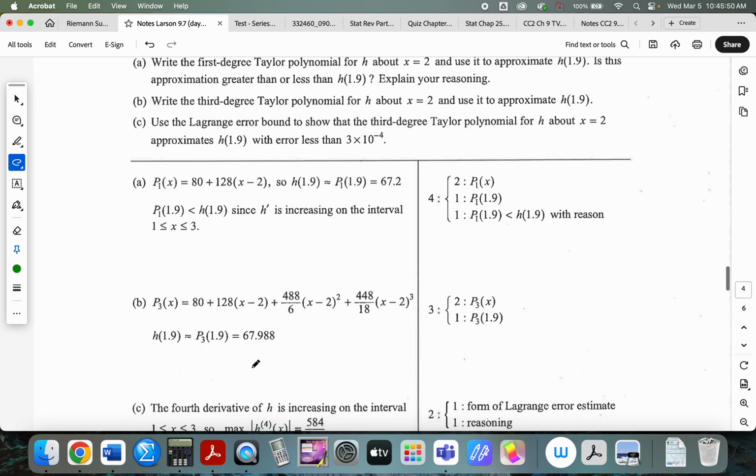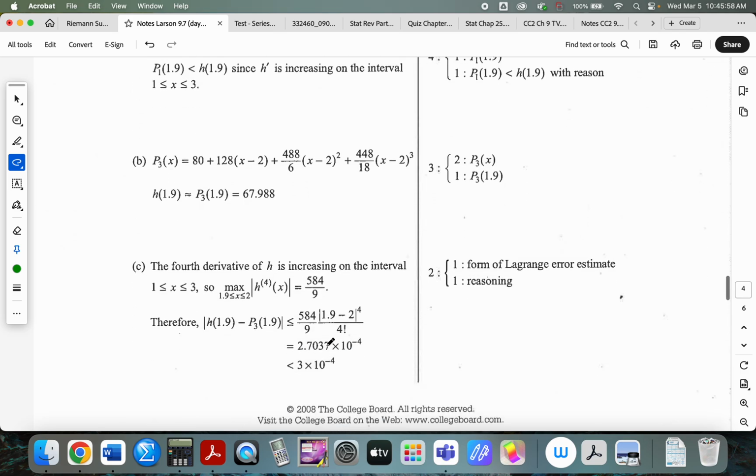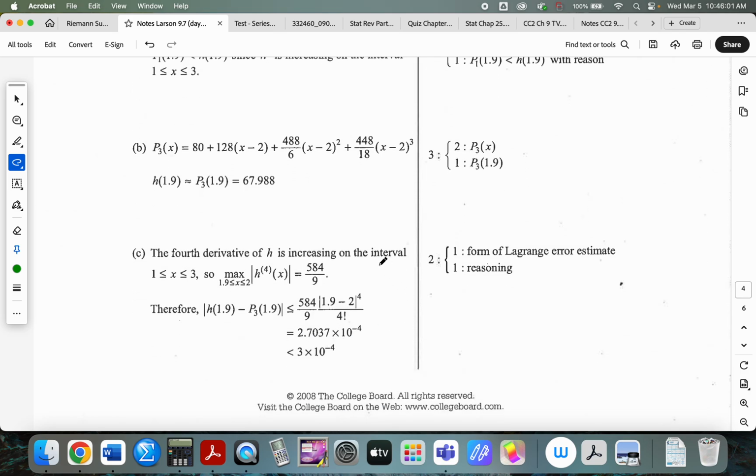Then they give the approximation here. It's exactly what we had, except they went ahead and put in the 1.9 and calculated it. This is the part where I strongly disagreed with some people, and in the end, the rubric was the rubric, so you didn't get a point, and I purposely didn't write it out. It says that as part of your reasoning, you had to explain why this was the maximum value of the 4th derivative.